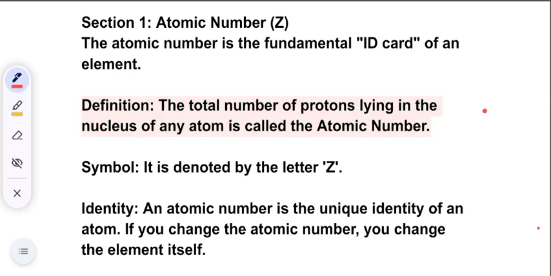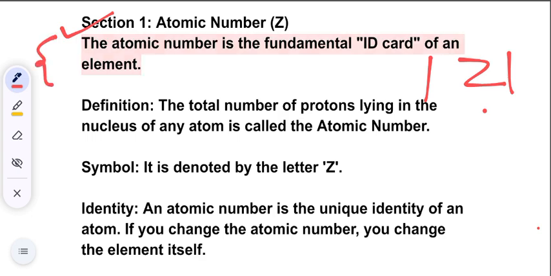So our first topic under this chapter is atomic number, which is represented by capital Z. You can say it is the symbol used for denoting atomic number. Now, it is not the proper definition, just for understanding I have written it: it is a kind of ID card.